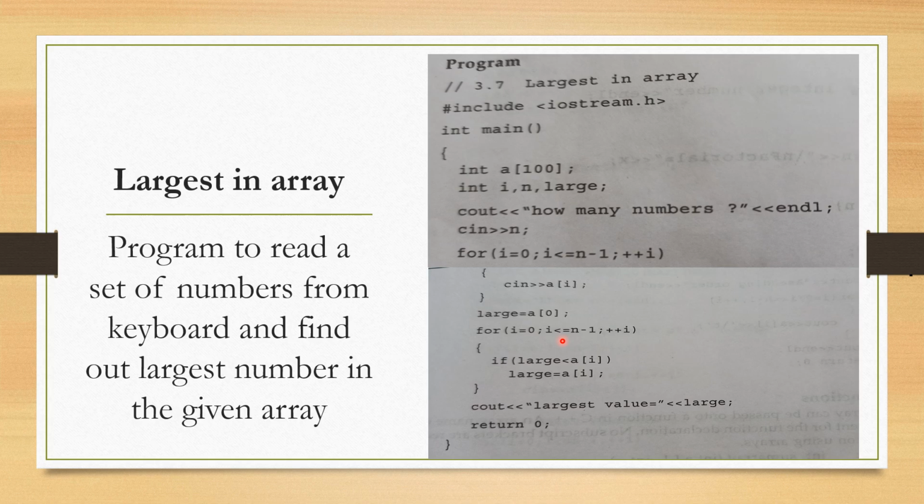Then increase I to 2 and keep on comparing like this. Finally, when the loop is over, the large variable will have the highest number. So finally, return the largest value, which is large, and return 0.